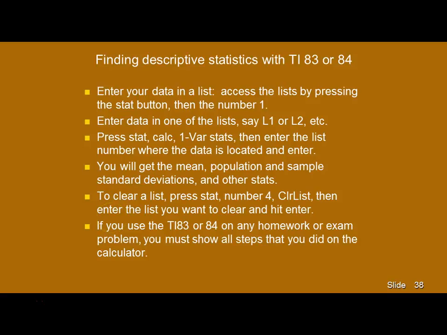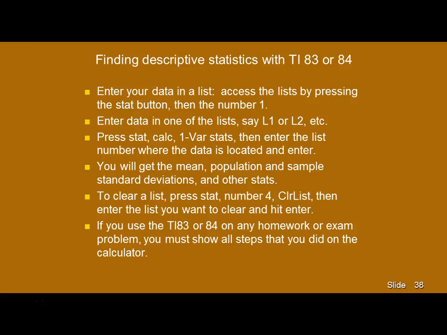Okay, let's talk a little bit about how you would find some of these descriptive statistics that we've been calculating if you have a TI 83 or 84. First, when you enter data in a TI 83 or 84 or in just about any computer program, generally data goes in lists, straight up and down in a vertical list.